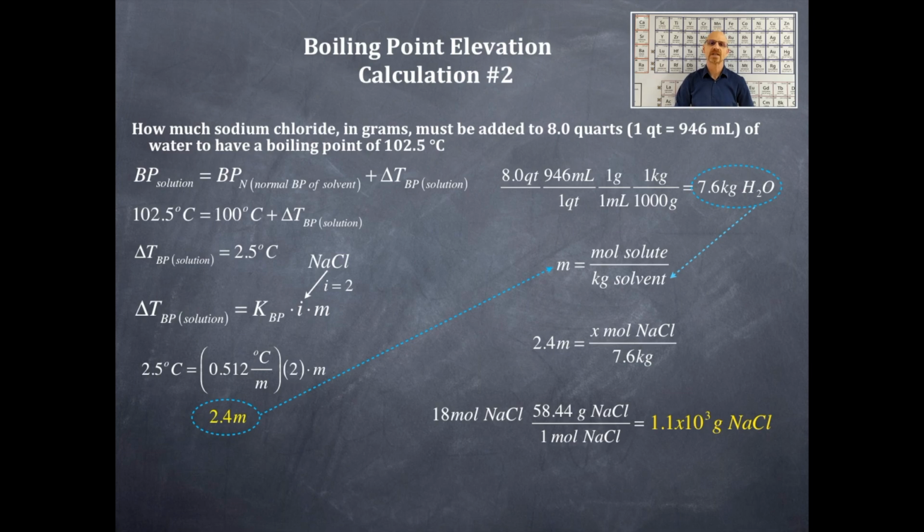You can actually do this if you want to hike at elevation. This is a great way. If you want to hike at elevation, you can either use a pressure cooker, which is pretty difficult to carry with you, or you can add sodium chloride to that water and increase the boiling point. Because as you go up in elevation, there is less atmospheric pressure, and therefore the water at elevation will boil at a lower temperature.